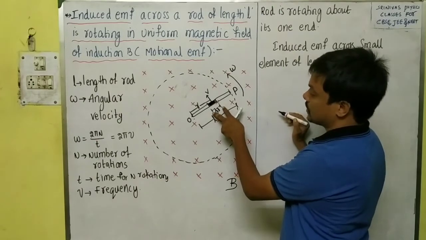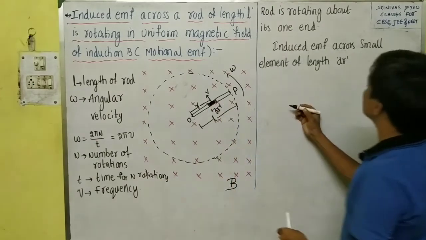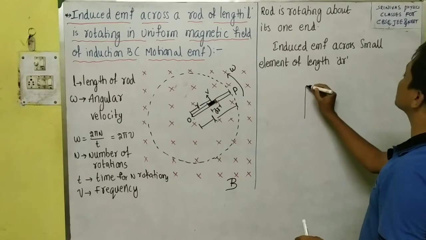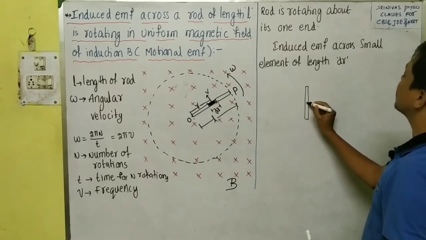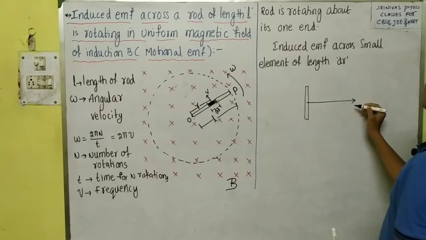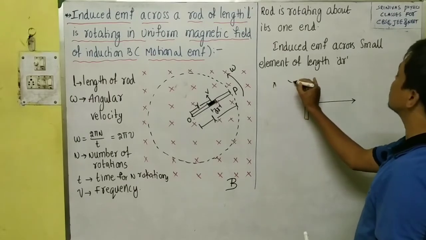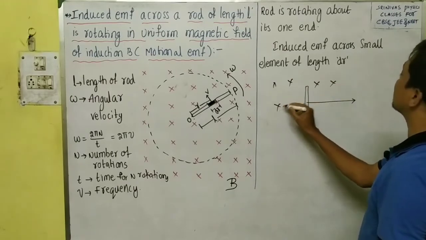Then, for the induced EMF formula, we know that if, for example, this is a straight conductor moving in the magnetic field, look at here, this is the magnetic field.